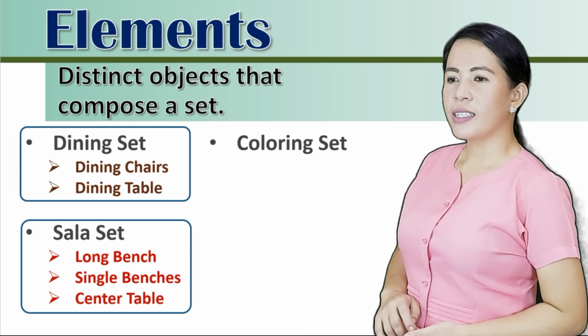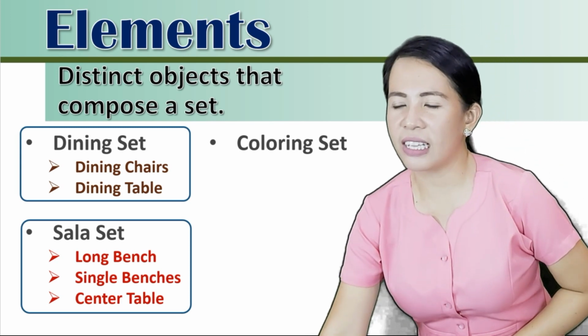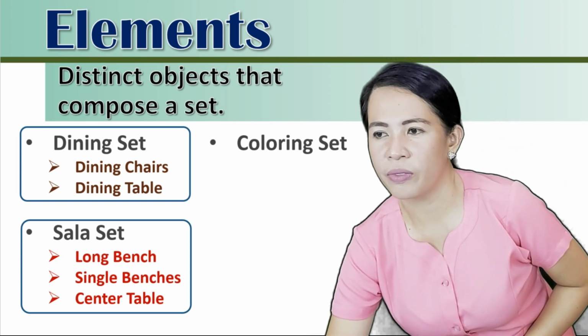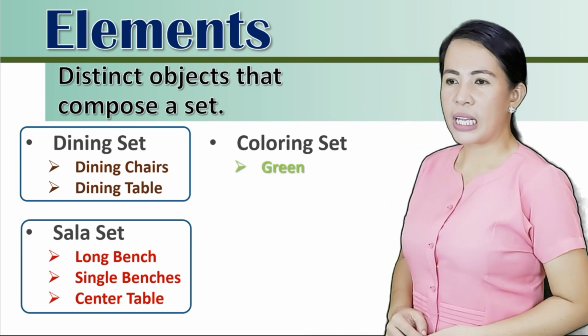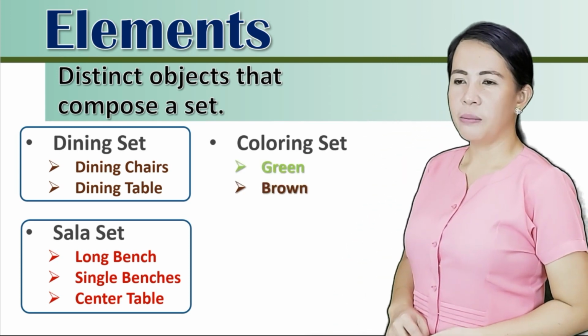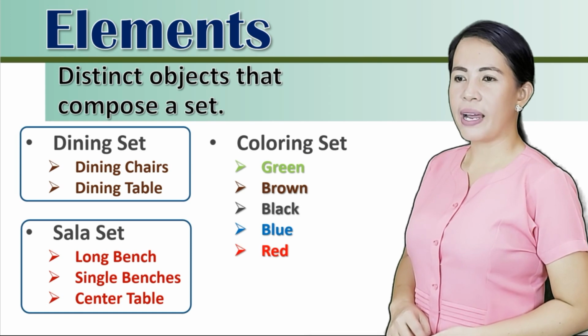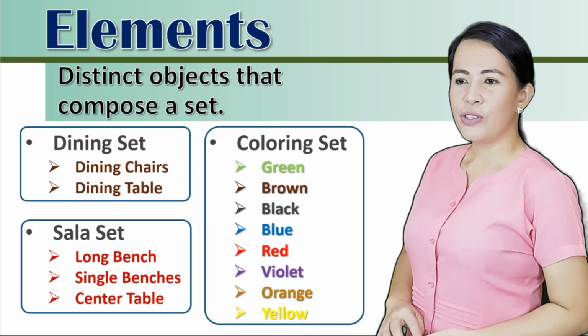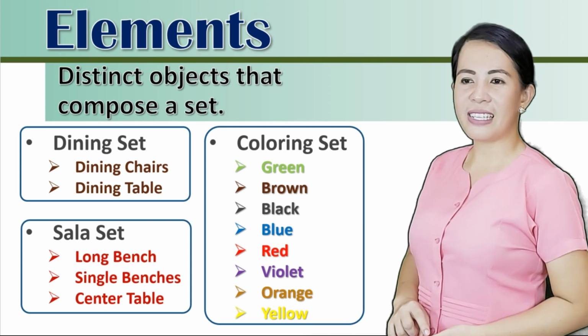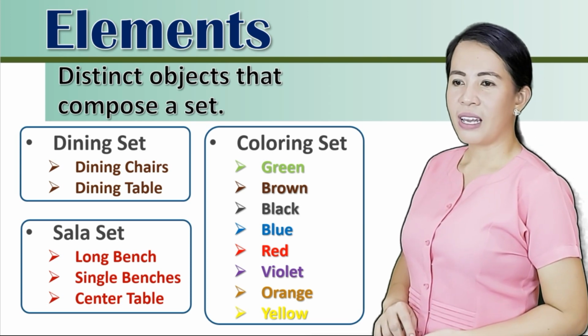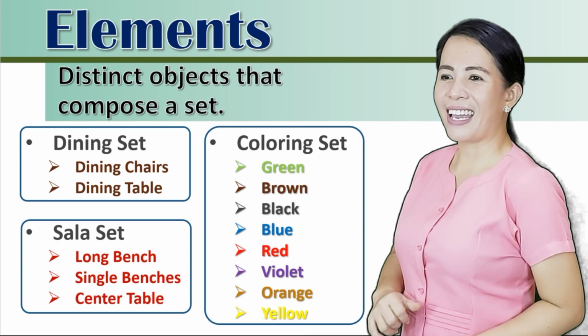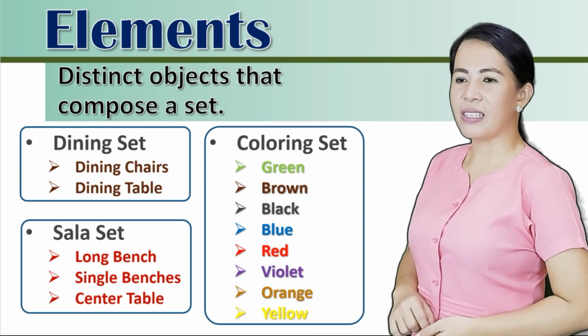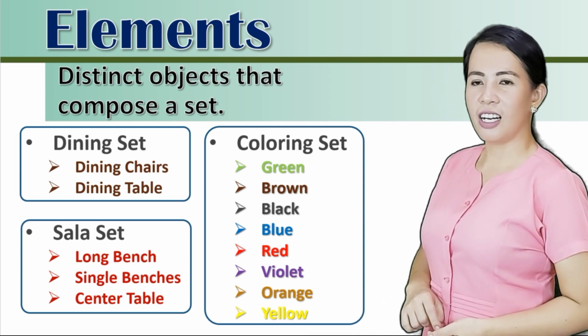Our eight color coloring set has eight distinct objects. Those are green, brown, black, blue, red, violet, orange, and yellow. So how many elements does it have? Yes, very good again. There are eight elements in an eight color coloring set.